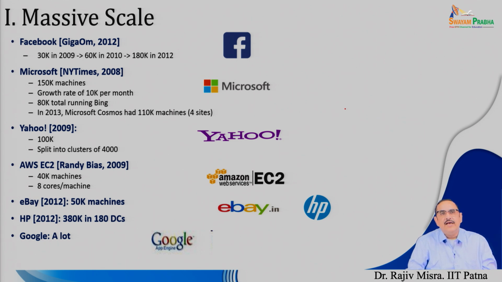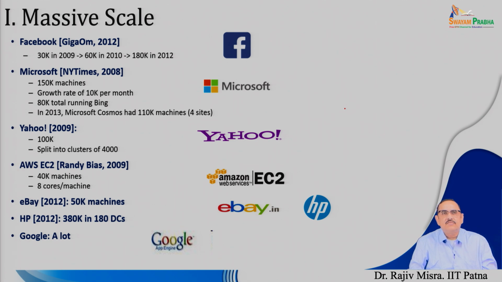Coming to AWS EC2, it required 40,000 machines in 2009, each machine with 8 cores, and now it requires much more than in 2009. As far as Google is concerned, they have not disclosed how many servers they use. It is much more. So, that is massive scale.